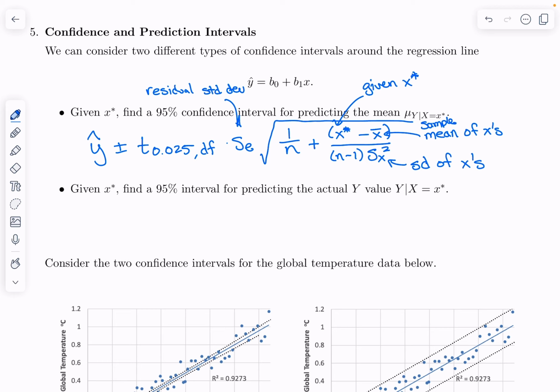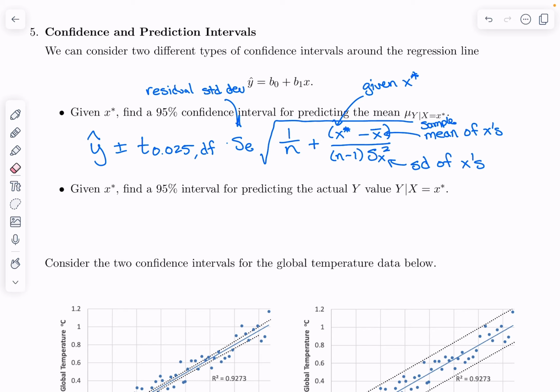The second type of confidence interval will be actually a prediction interval, a 95% interval for predicting the actual y value given a particular x. So if I'm given some, say, height x star, this interval will tell me the values in which 95% of all weights would lie.